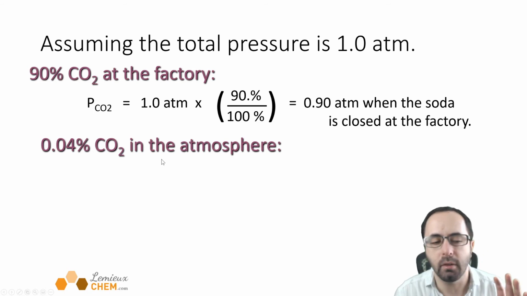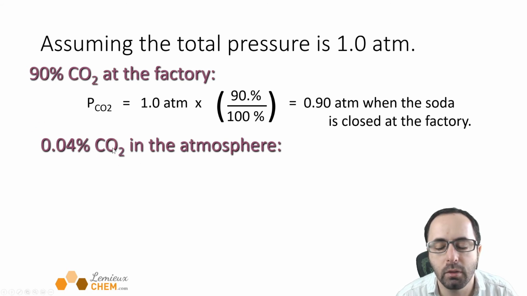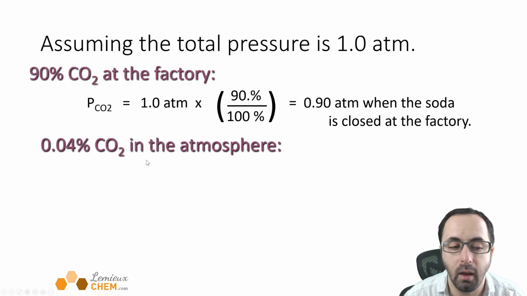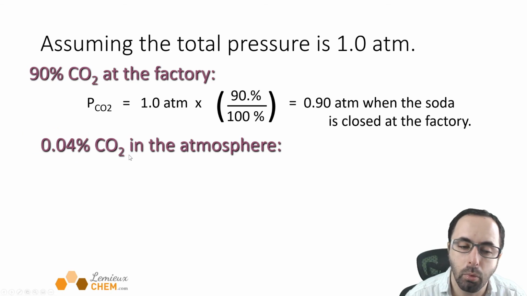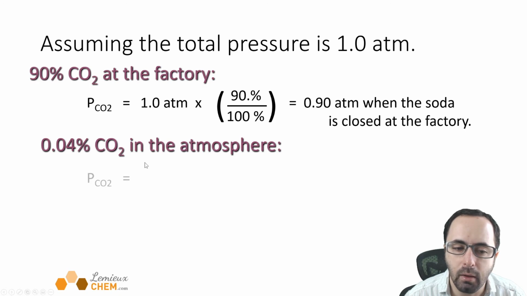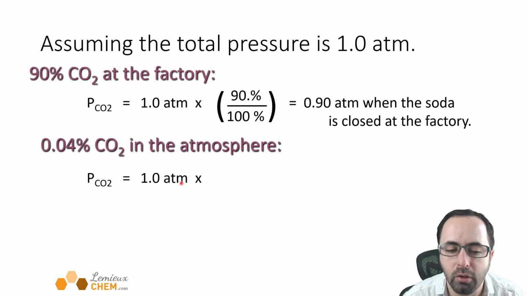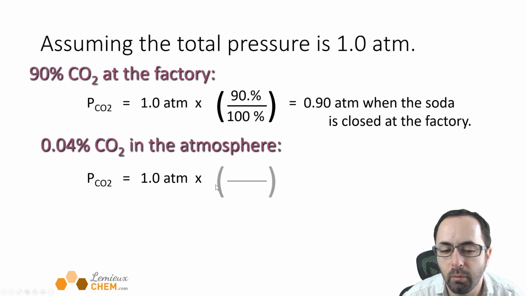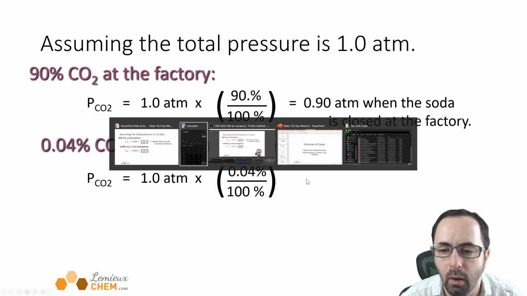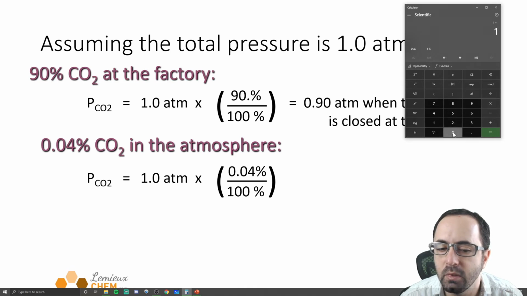However, once you open the soda, now the percentage of CO2 above the soda is going to be the same as in the air, 0.04%. So if we calculate the partial pressure of the CO2 now, it's going to be the total air pressure, about 1 atmosphere, times the percentage of CO2, now 0.04%, divided by 100%. And so now we have 1 times 0.04 divided by 100, and we get 0.0004.